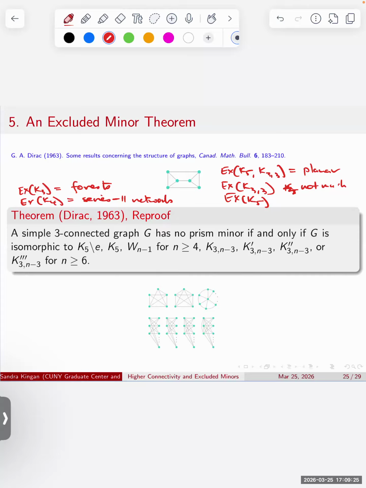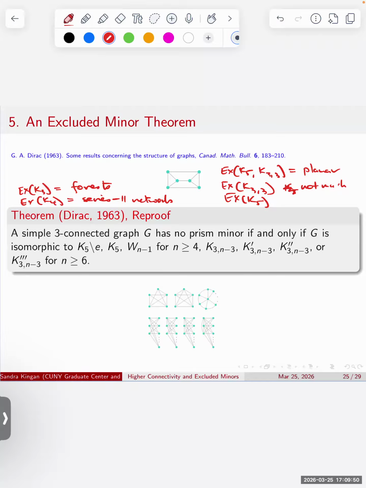There are some structure theorems for internally four connected graphs. And recently, there are also some structure theorems for four connected graphs. So it's very recent work on four connected graphs that I think can be used to obtain excluded minor classes of graphs that are very large.